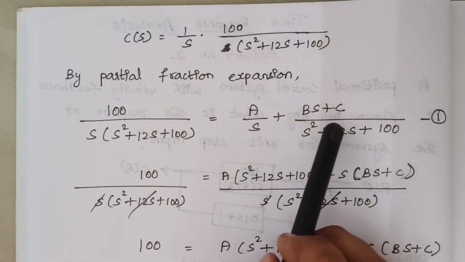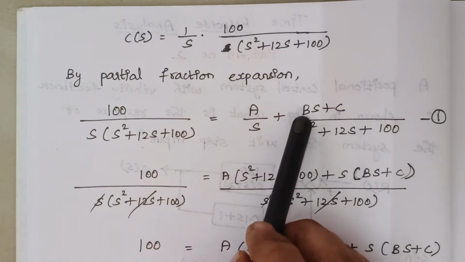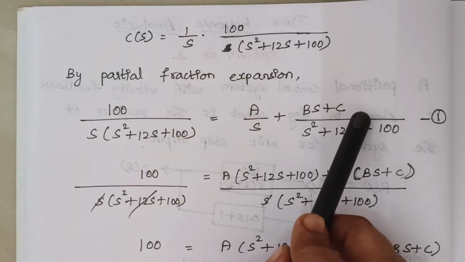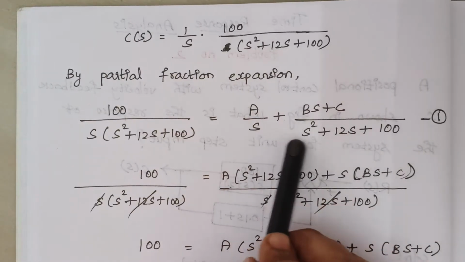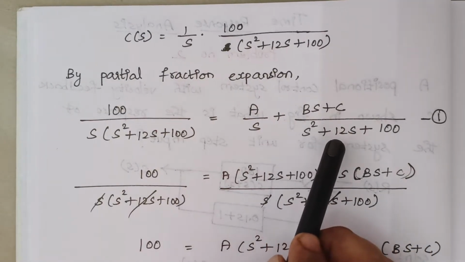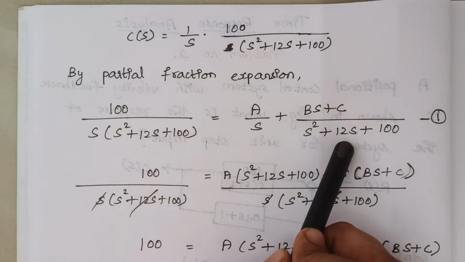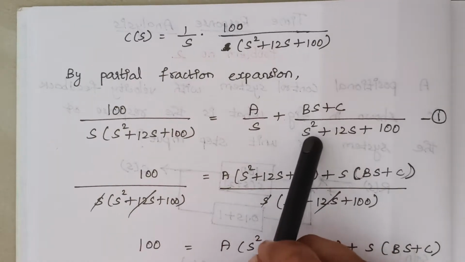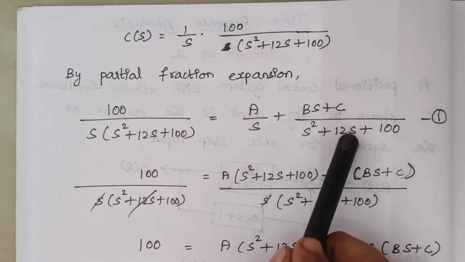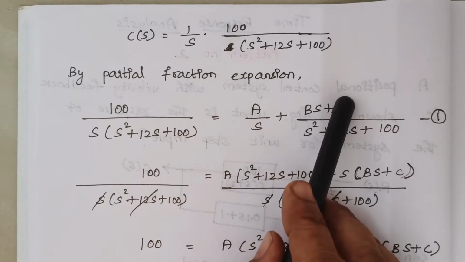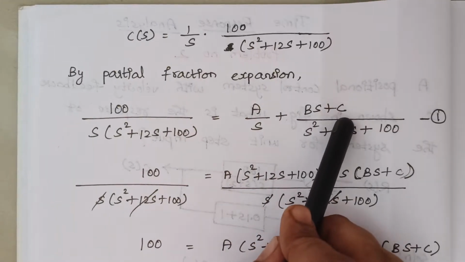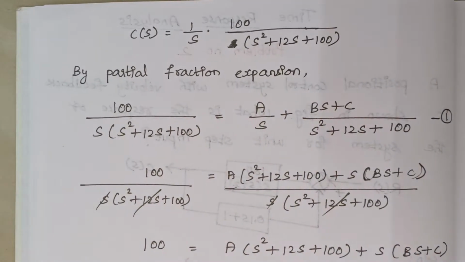So we write that term as bs plus c. When you have a quadratic term like this, we have to write the expression as bs plus c.